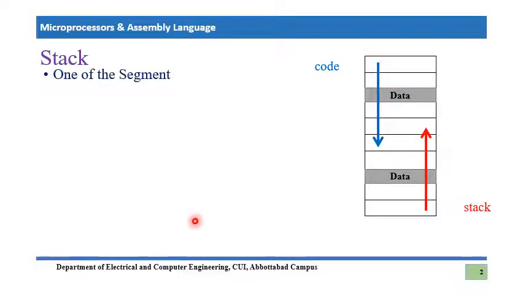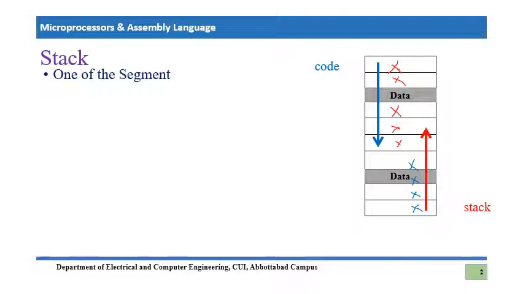Code is stored in this way. If you can see, the first byte of code is stored here, and then here, and then here, and then here, and so that is the direction for the code. While in case of the stack segment, the first byte is stored here, and then here, and then here. So that is the key difference. Both are sequential.